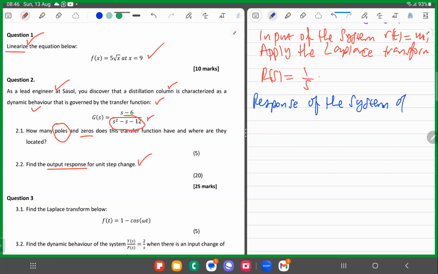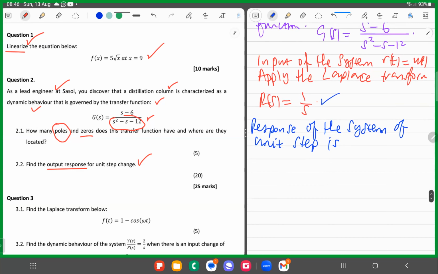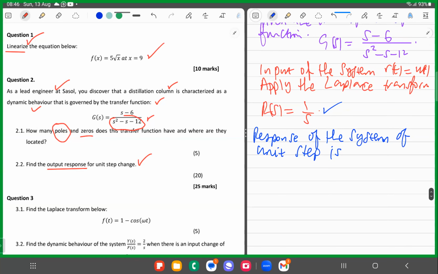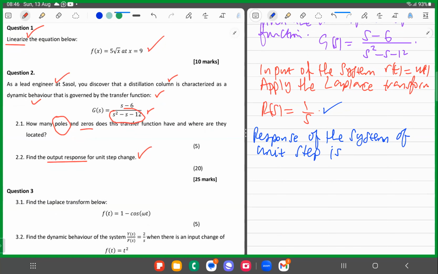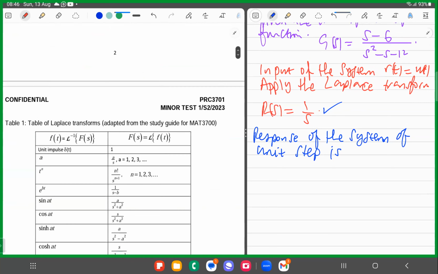In the Laplace table, the table. Okay, the Laplace table. The 1 over s, we take it from the Laplace table. Yes, we take it from the Laplace table, the 1 over s. Is it written that R of s equals 1 over s on the table? Yes, it is. It is here.